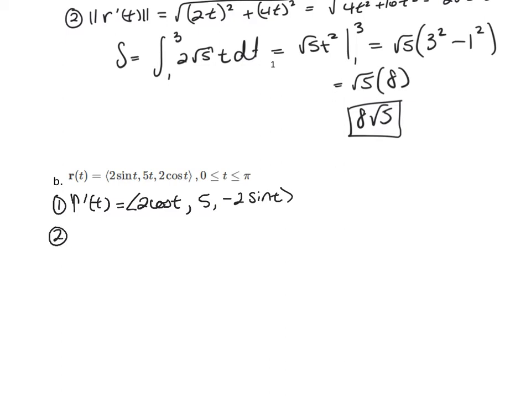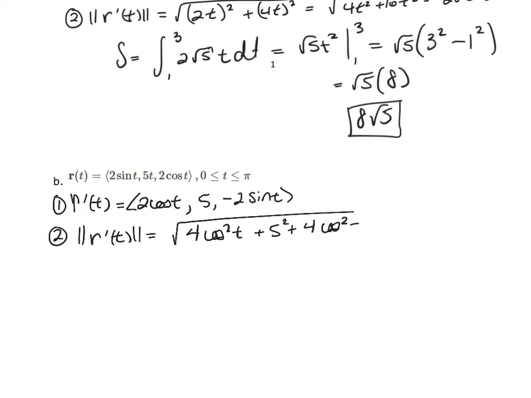The second thing I'm going to do is find the modulus of my r prime of t, which is going to be the square root of 4 cosine squared of t plus 5 squared plus 4 sine squared of t.